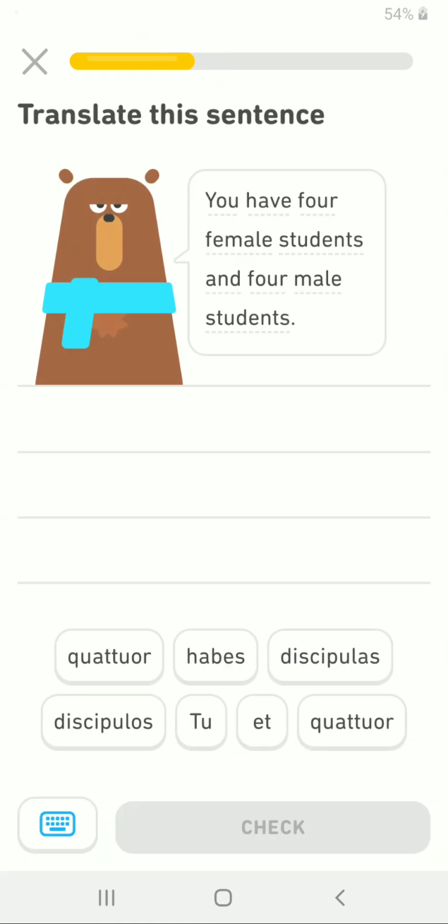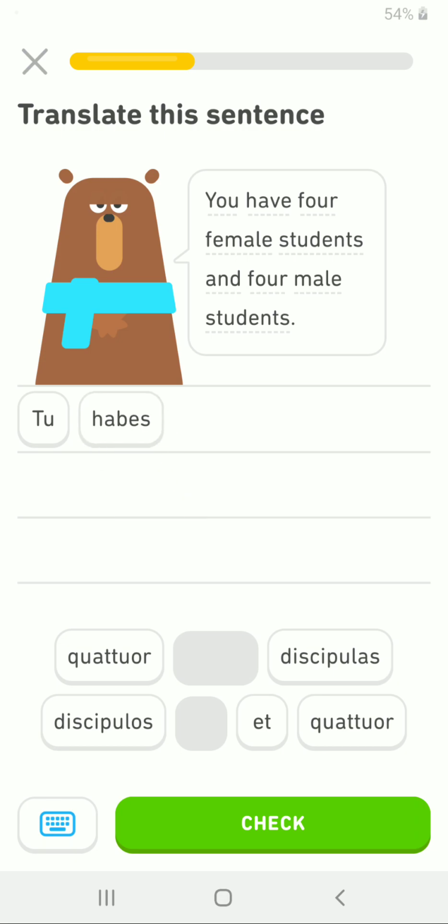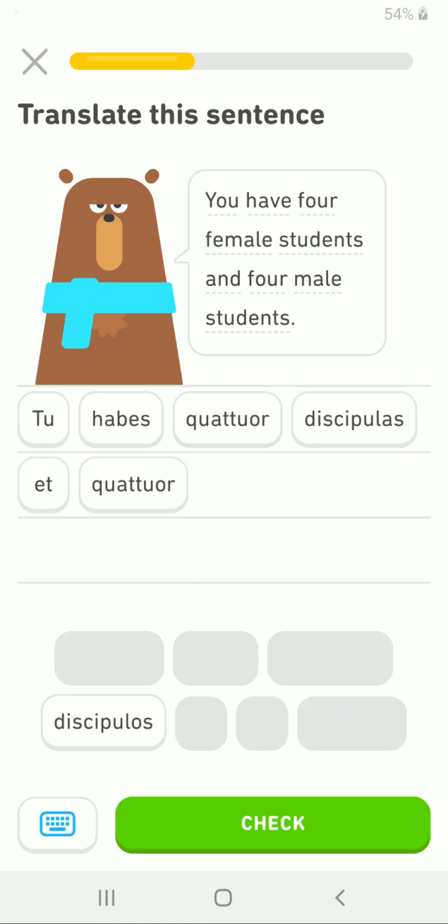You might ask me why it was discipuli and now it's discipulas. It's also because of the cases. You have four female students and four male students. So quattuor discipulas et quattuor discipulos.